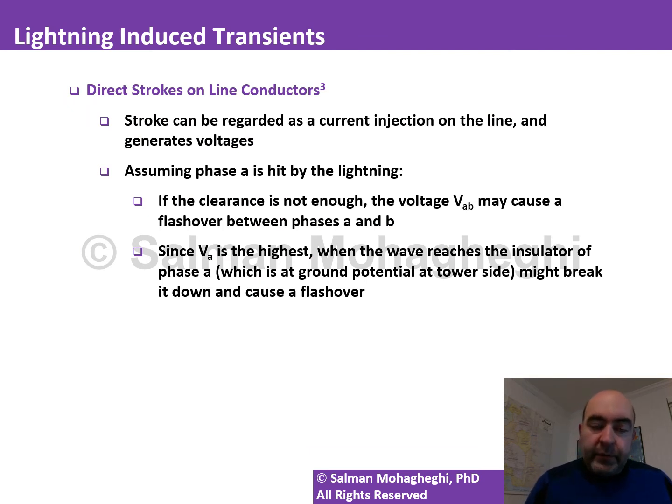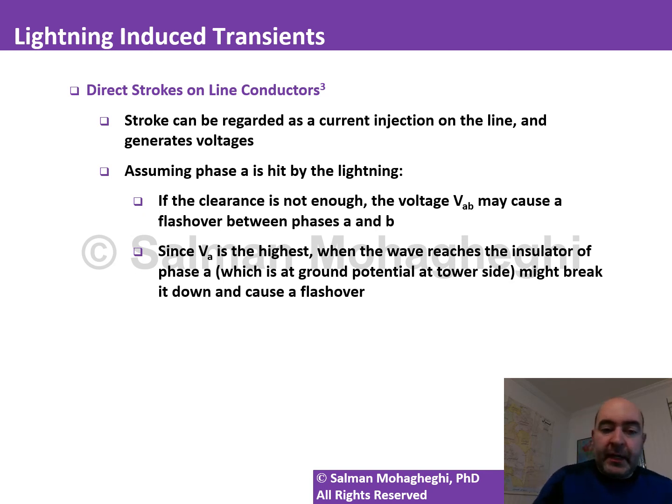Another category of transient is when we have a direct stroke on the line conductors. Now, obviously, similar to before, when you have a direct stroke on the conductor, that means that a current pulse will be injected into the system and will start moving along the phase conductors.